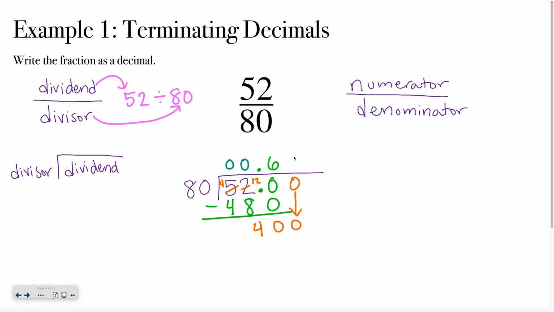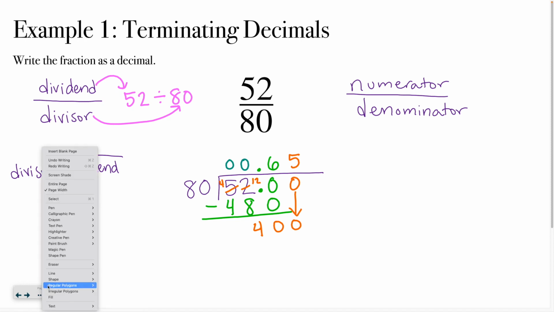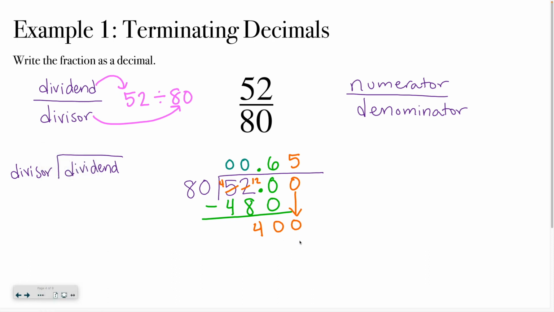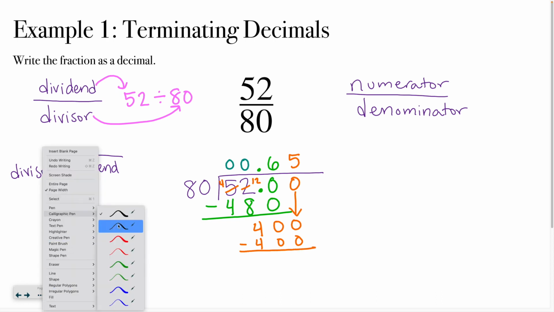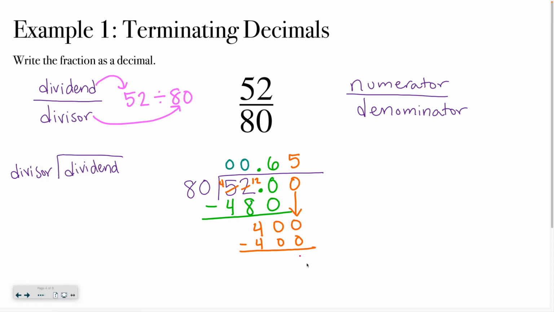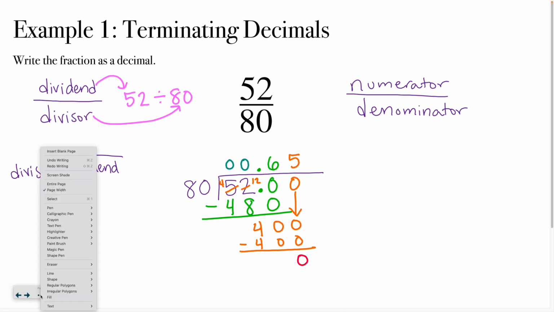Well, 8 goes into 40 5 times. So now I would say 80 times 5 is 400 exactly. It works out really nicely, and I'm left with just a 0, which means no remainder.